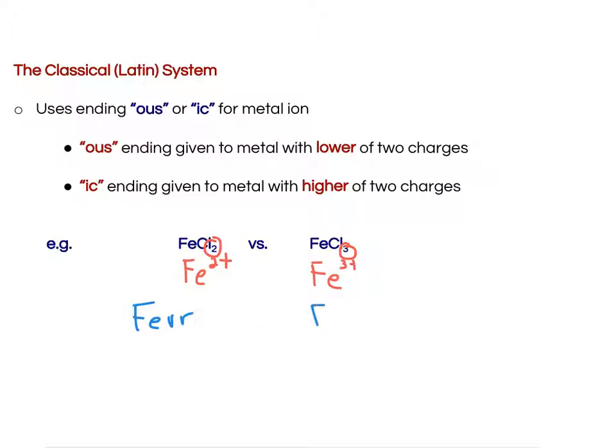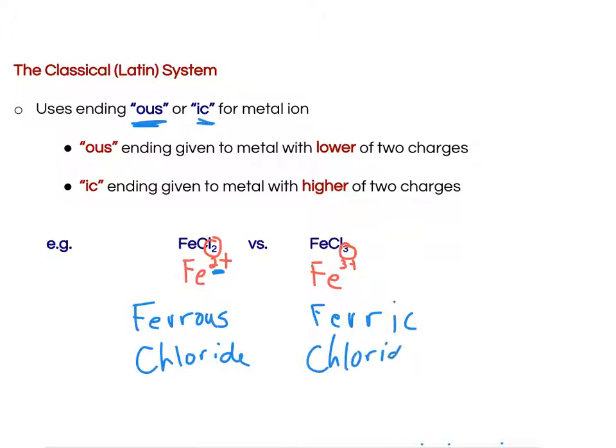Now the lower of my two charges is iron 2, so it's going to get the OUS ending, so ferrous. And the higher of my two charges is going to get the ic ending, so iron 3 would be ferric. Then I name it as I normally would, chloride. So ferrous chloride and ferric chloride.